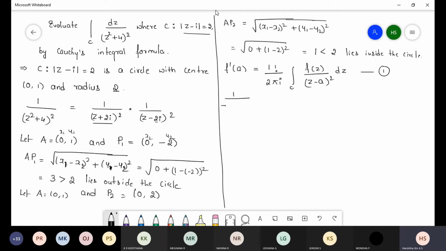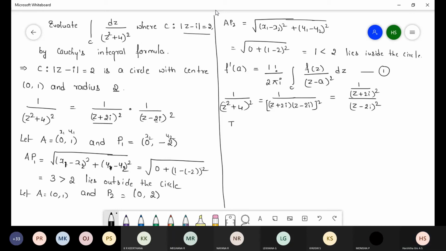Now 1 divided by (z square plus 4) whole square. How can we write this one? 1 divided by (z plus 2i) into (z minus 2i) whole square. Here, as in the formula we have (z minus a) whole square, I will make a little change: 1 divided by (z plus 2i) whole square, whole divided by (z minus 2i) whole square.